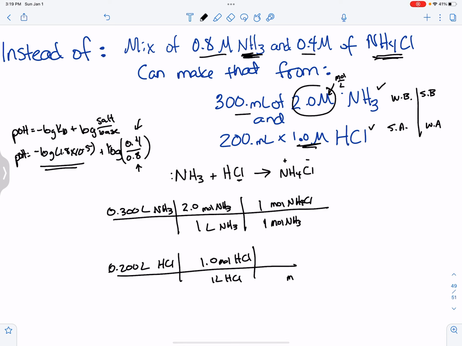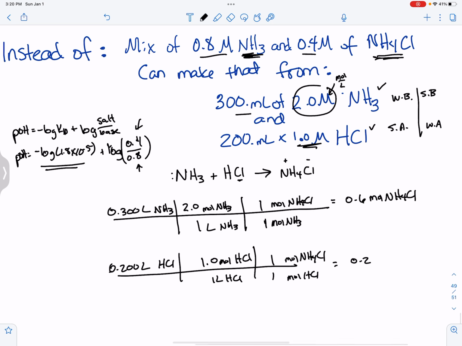And then I'm going to go from moles of HCl to moles of NH4Cl. So that's 1-to-1. When I do that math, I can do that in my head: the 0.3 times the 2 is going to be 0.6 moles of NH4Cl. And then the 0.2 times 1 is going to be 0.2 moles of NH4Cl.